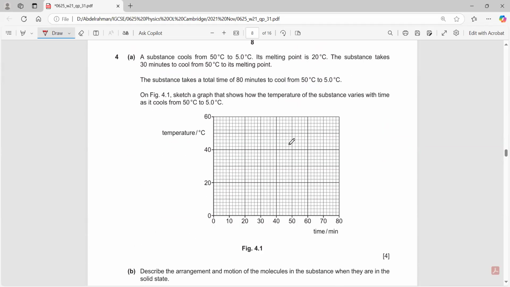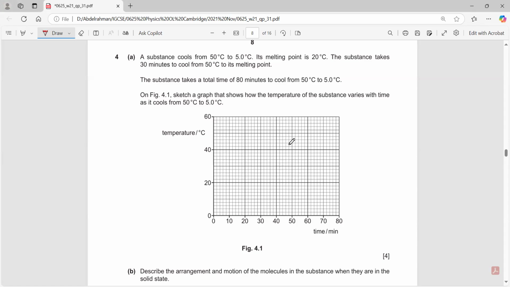A substance cools from 50 degrees Celsius to 5 degrees Celsius. So we actually need to draw this cooling curve. Its melting point is 20 degrees Celsius.